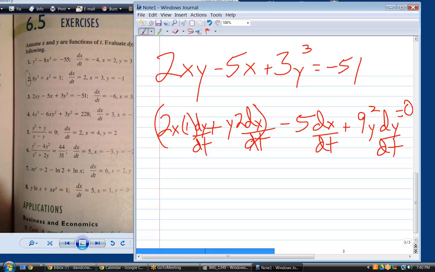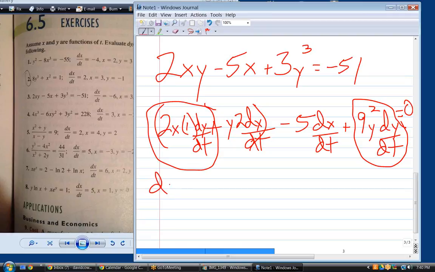Okay, we're solving for dy/dt. So we have a term here that has a dy/dt in it, and we have a term there that has a dy/dt in it. So let's leave those on the left, move everything else to the right. Okay. So not only will we leave it on the left, let's factor it out, because we got 2 of them.